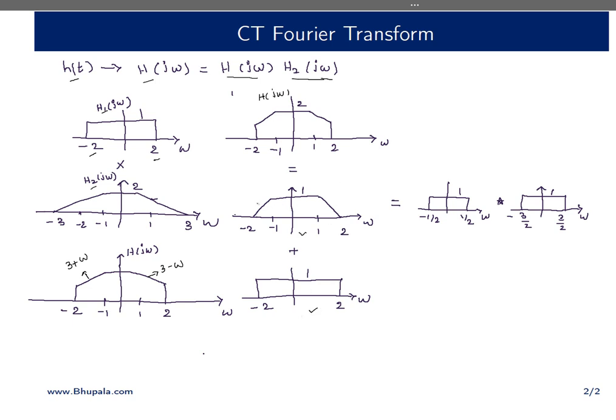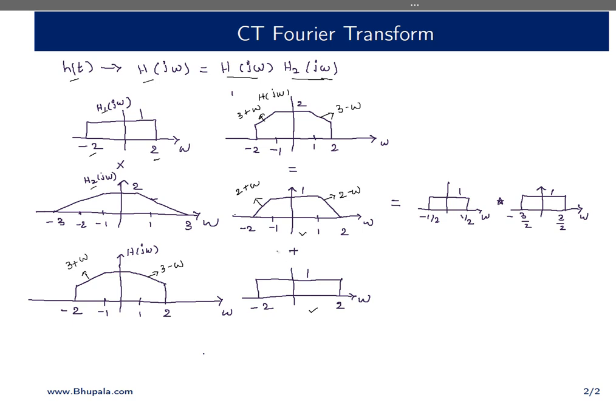The corresponding equations would be: the equation of this line would be 2 plus omega, and the equation of this line would be 2 minus omega. This is just h of j omega, and hence the equation of this line is 3 minus omega, and the equation of this line would be 3 plus omega.